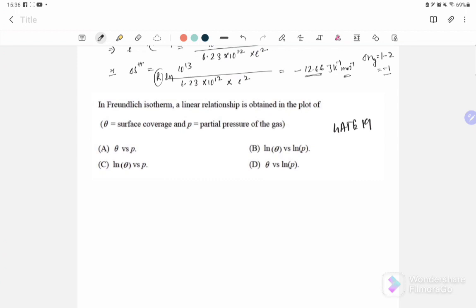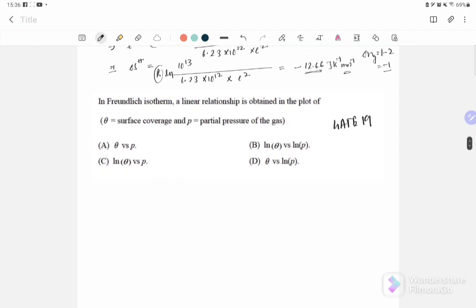So what is the question? In the Freundlich isotherm, a linear relationship is obtained. Which graph?